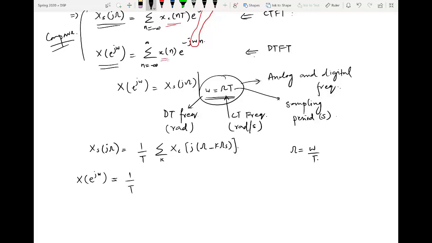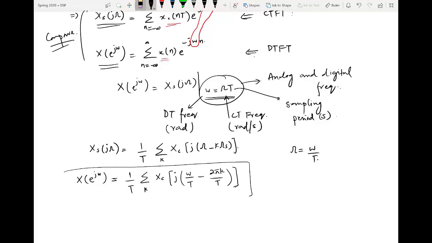So that will be equal to 1 over T summation over k of xc of j times (small omega over capital T minus 2 pi k over capital T), because omega s was equal to 2 pi over T.